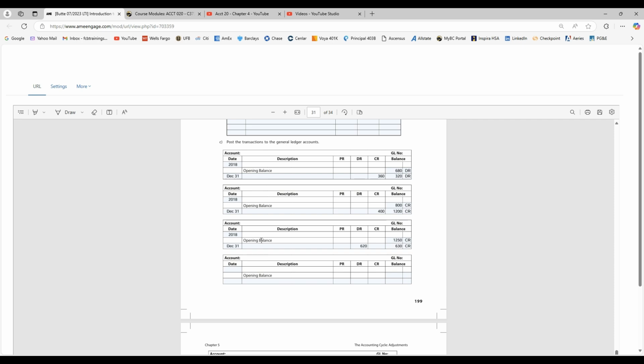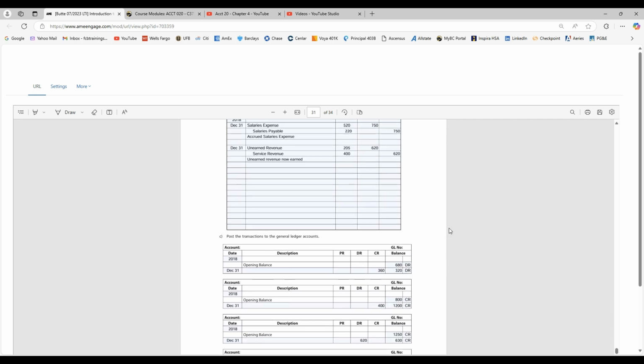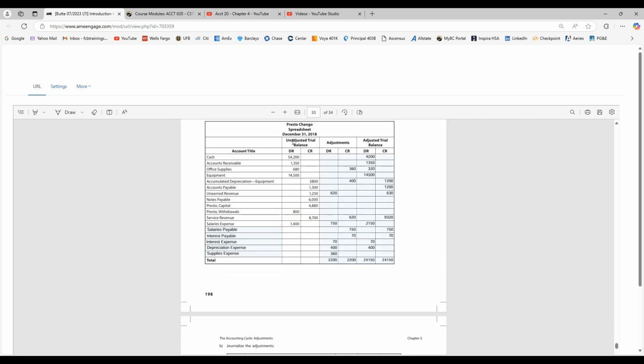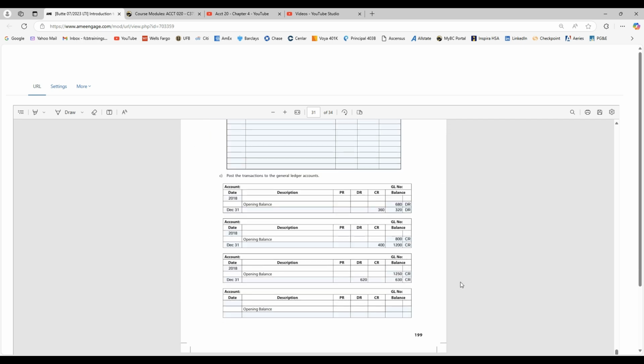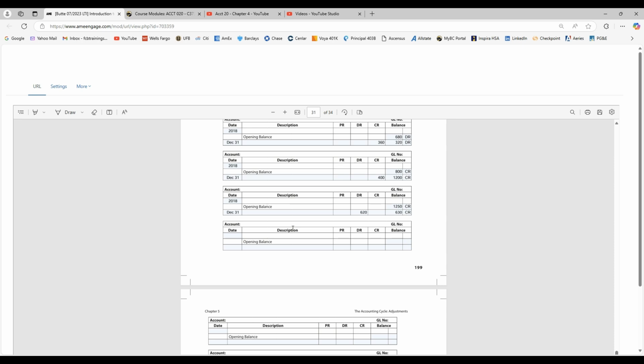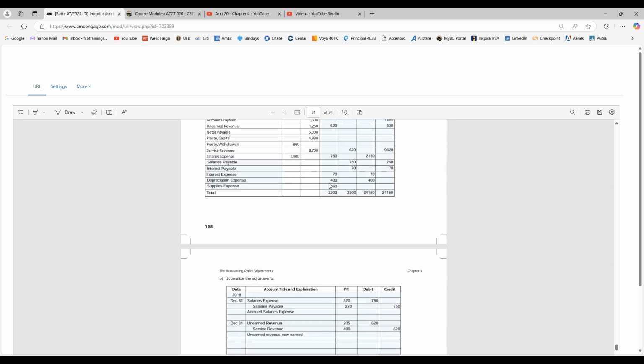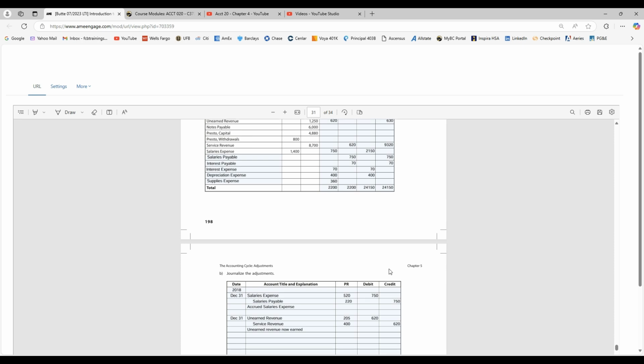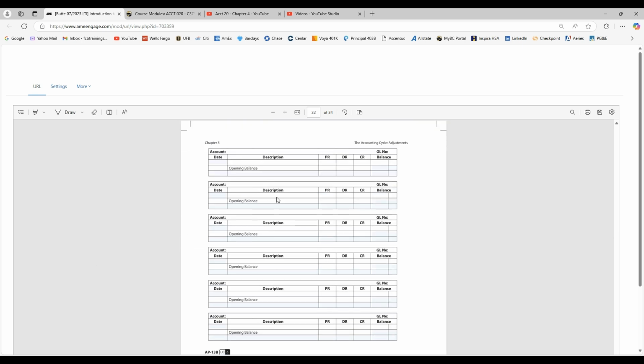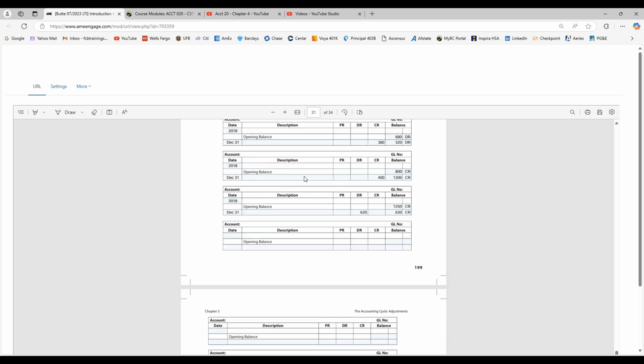This opening balance, quote unquote, should really be titled the unadjusted ending balance of that account. So if we're looking at service revenue here, where's our next open one?